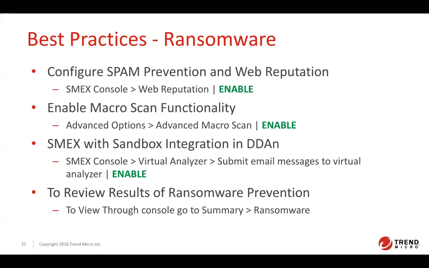So that's the difference. Web reputation looks at a bunch of different characteristics, like how long the server's been up, how long the site and the page have been there, and all of the information within it. So there are a number of things that go in there. It's not just simple URL filtering. You can do that with our gateway products, but that's not the basis of web reputation. Web reputation is another weapon in the defenses against ransomware and malware and all of that bad stuff.